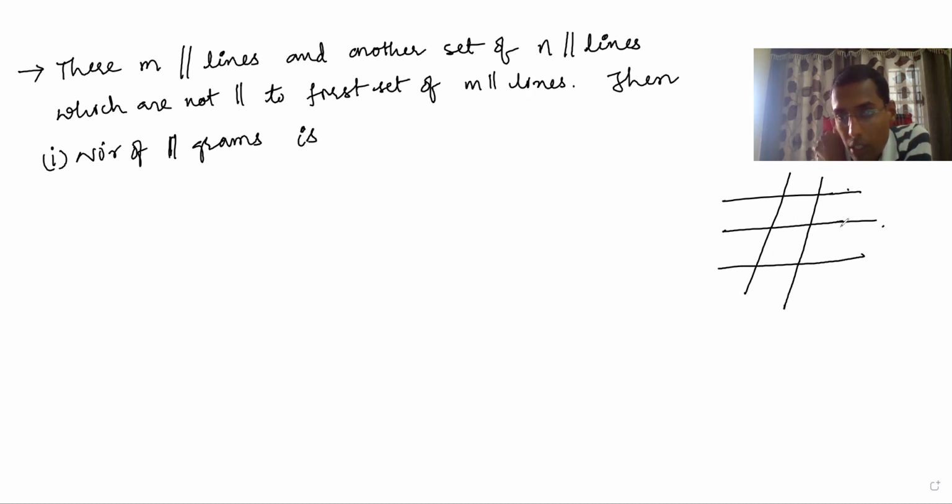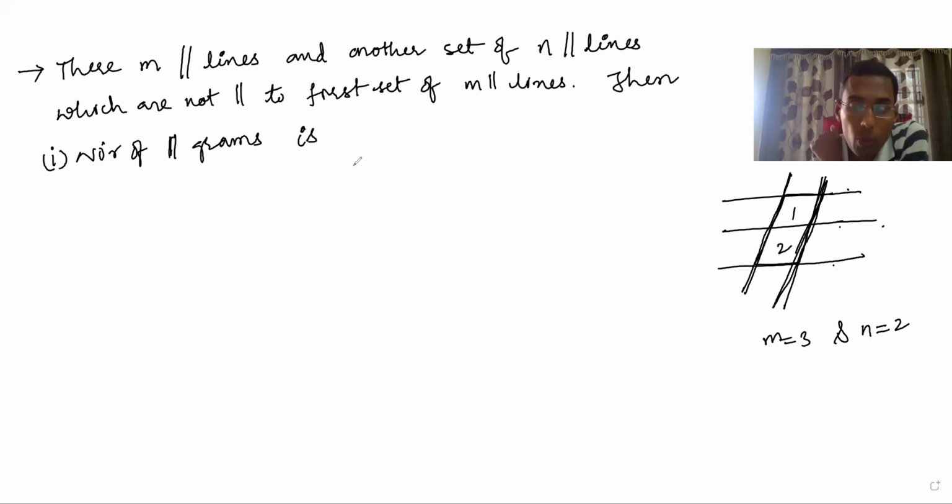The first three parallel lines are not parallel to the second set. Here I have taken m equal to 3 and n equal to 2. The question is how many parallelograms will form? Obviously you are seeing here, this is the first parallelogram and this is the second parallelogram. This total is the third parallelogram, with any size.